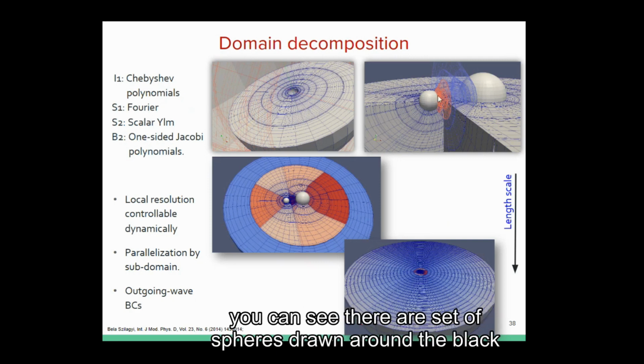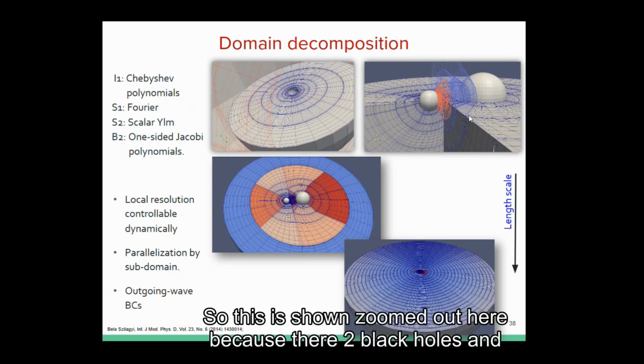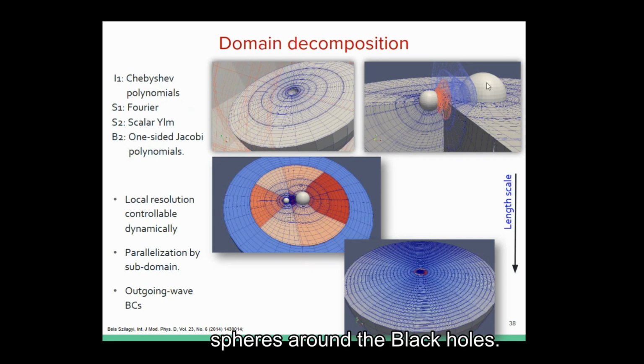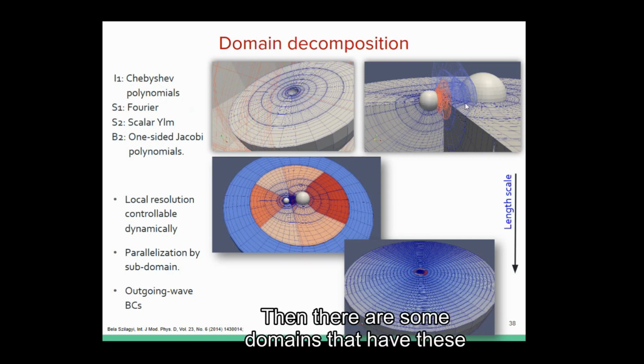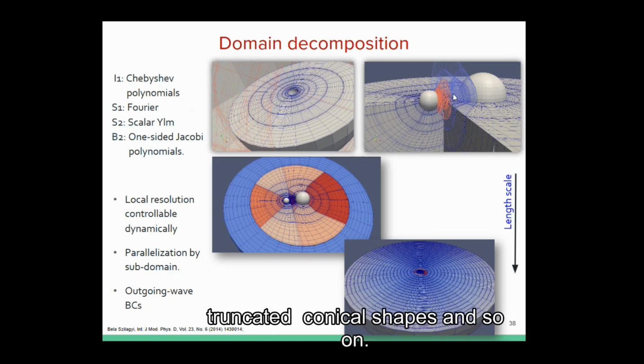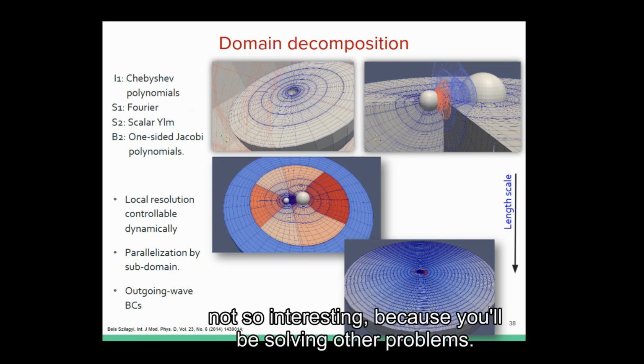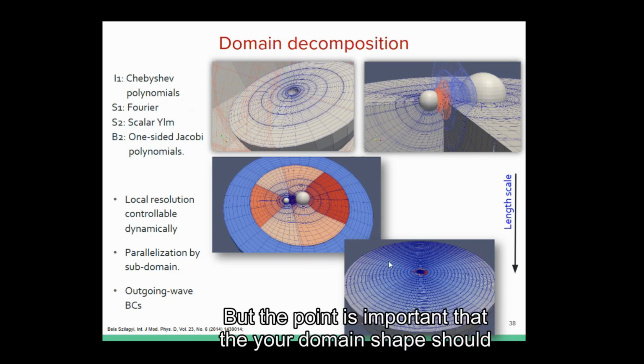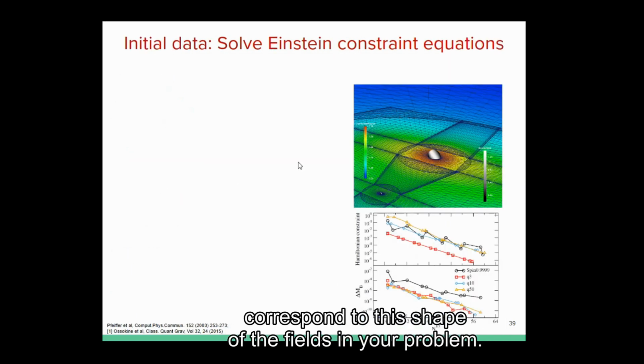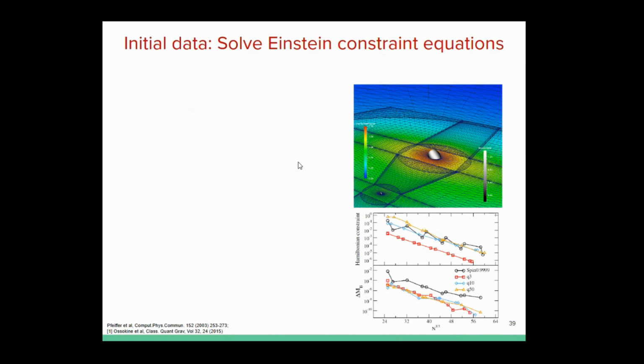You can see there are a set of spheres drawn around each black hole. This is shown zoomed out here. These are the two black holes and spheres around the black holes. Then there are some domains that have these truncated conical shapes and so on. Anyway, the details of these problems are not so important. You'll be solving other problems. But the important point is that your domain shape should correspond to the shape of the fields in your problem. Otherwise, you'll have a difficult time converging.